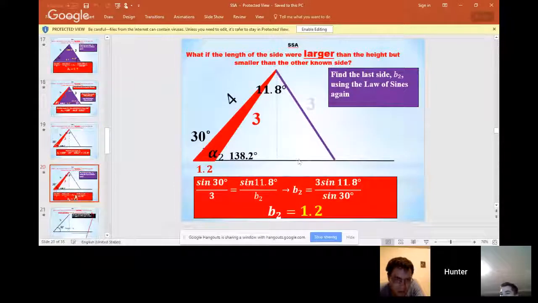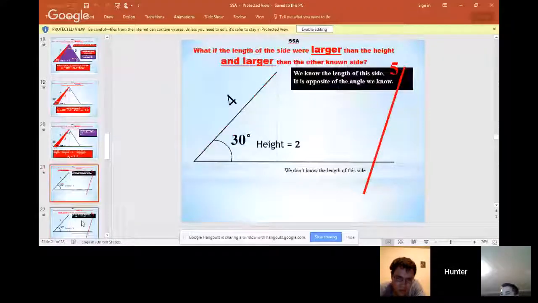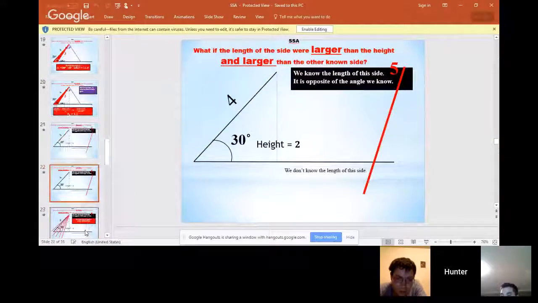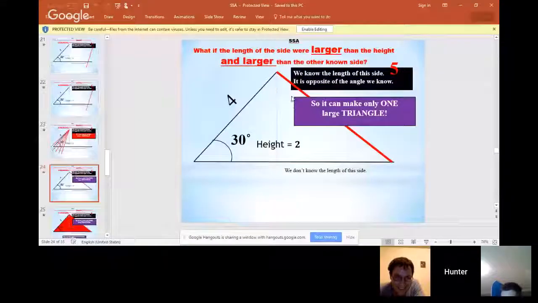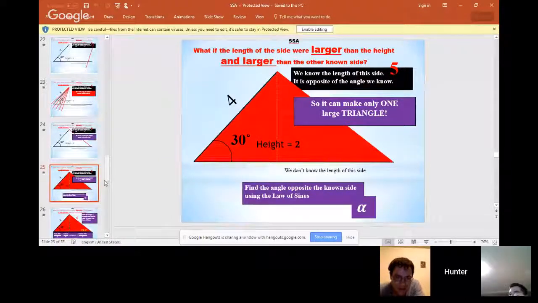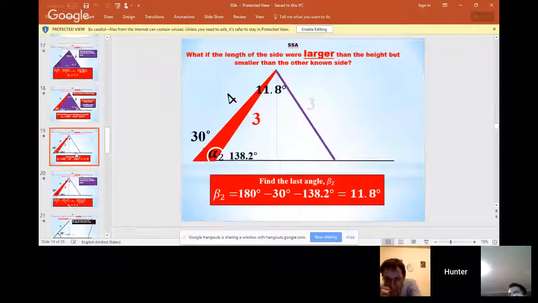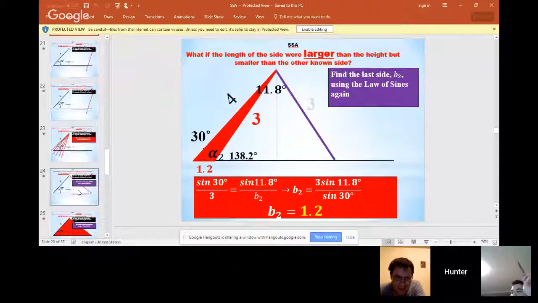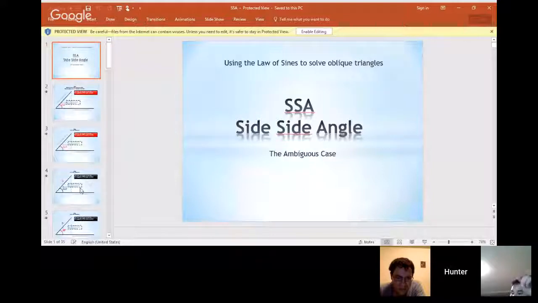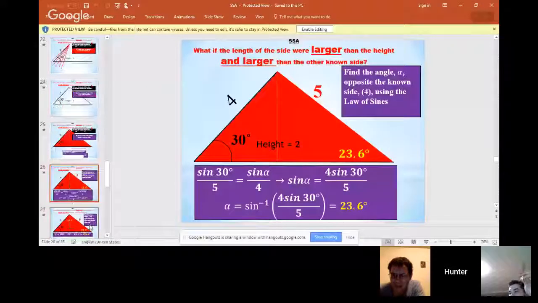That makes so much sense. What if it was 5? Then there's no triangle. So with that, you just use the law of sines for these. If you're given two sides and one angle, then you can use the law of sines. And then there's also the law of cosines, yeah.